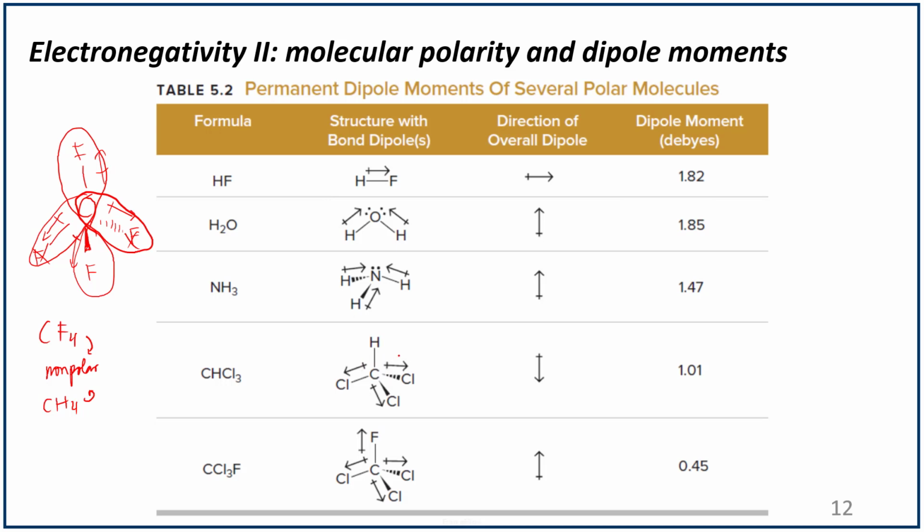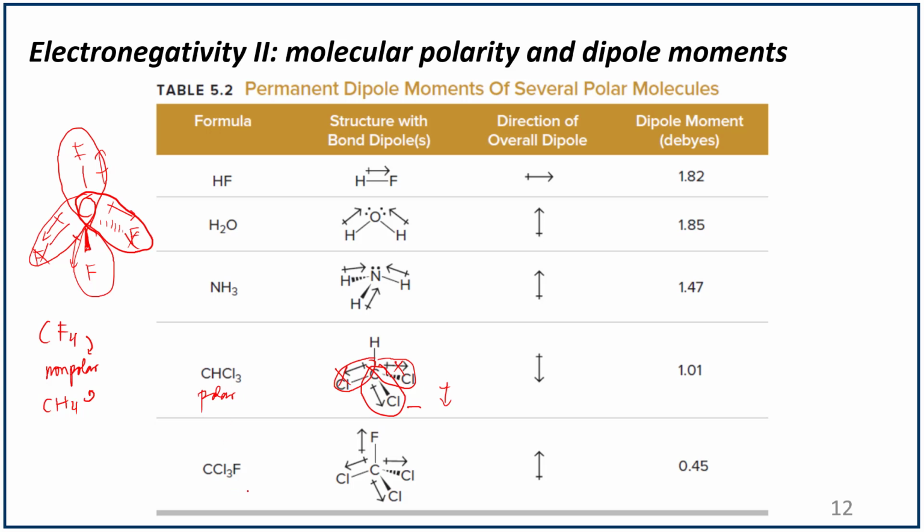So these 2 bonds, equal in magnitude but opposite in direction, will cancel each other out. But this carbon-chlorine bond does not get canceled out. That's why the overall direction of the polarity for this molecule is towards that direction.